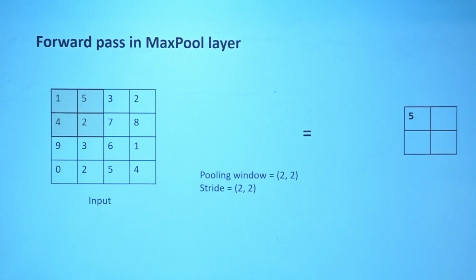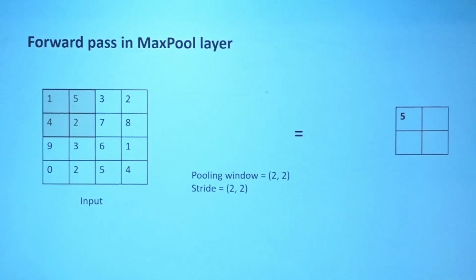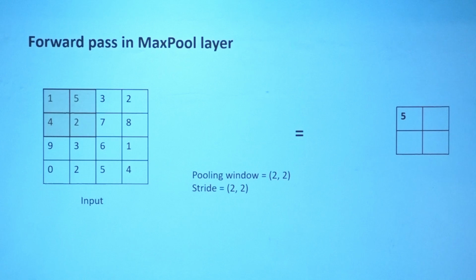Next, stride 2 by 2 is defined, so both horizontally and vertically it will stride 2 positions. Moved. Next window, from that region again the maximum value. Similarly, horizontally and vertically both stride 2 by 2. This is what you get, the pooled output after this pooling operation.